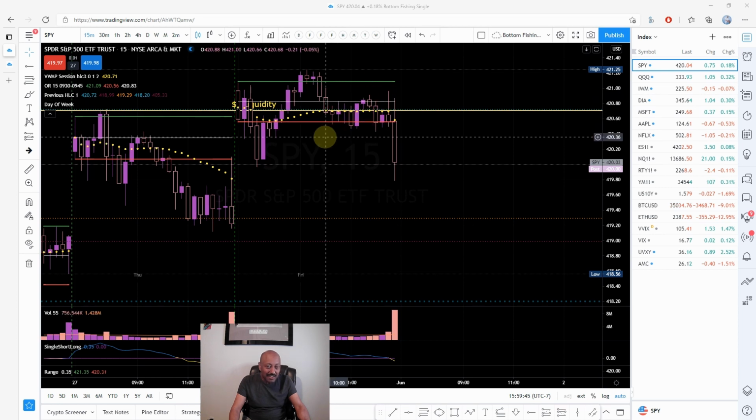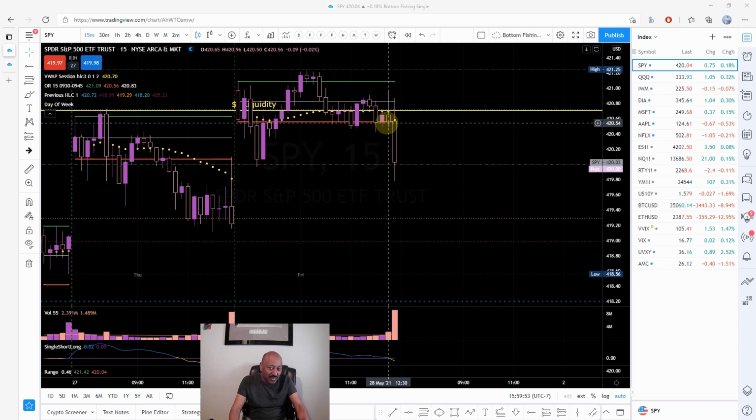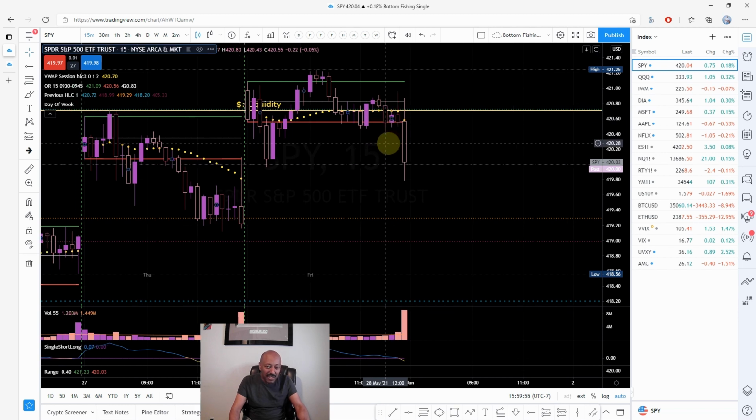I would like the rejection of the highs, making a new lower high, to come below VWAP. This is my preferred entry to take it to the downside, and price actually closed above it, closed above some liquidity.